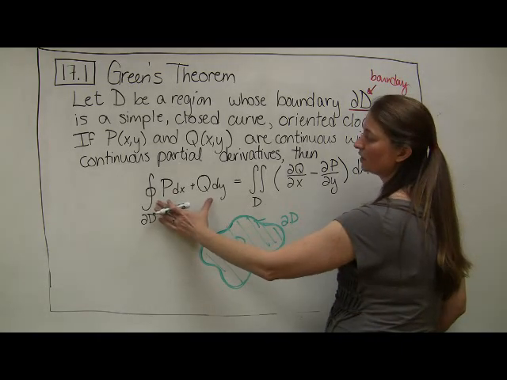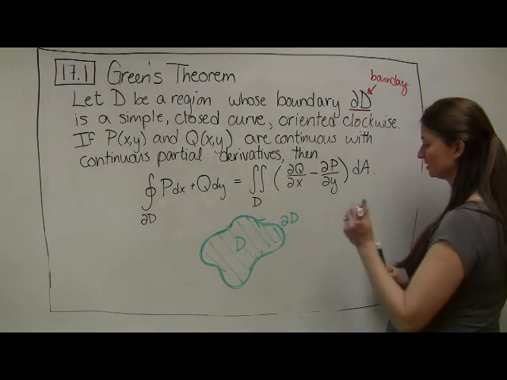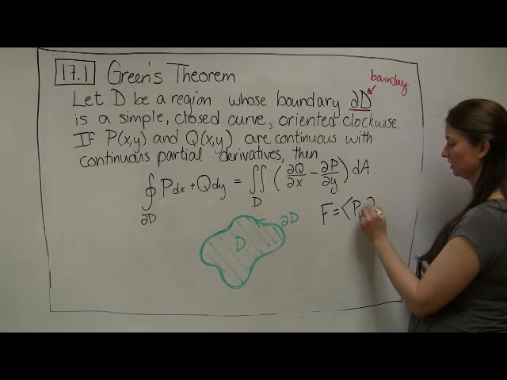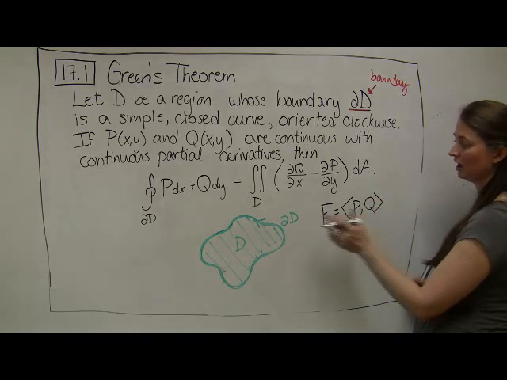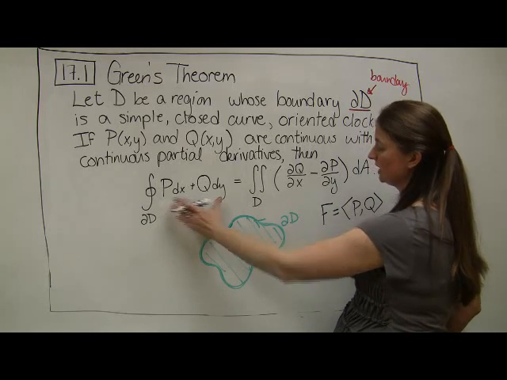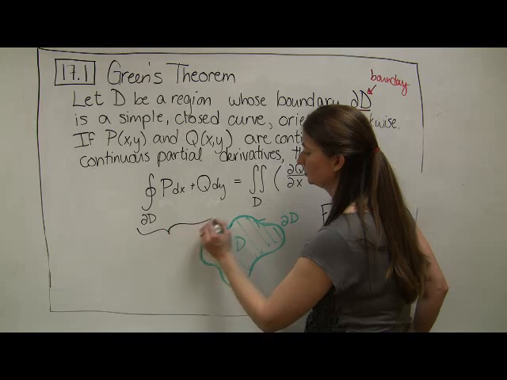So this part is telling me, essentially, if I have some vector field F that's equal to P, Q, I'm looking at the line integral, the vector line integral, along the boundary. I'll write that in words.